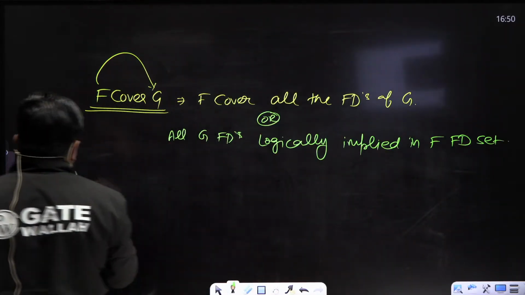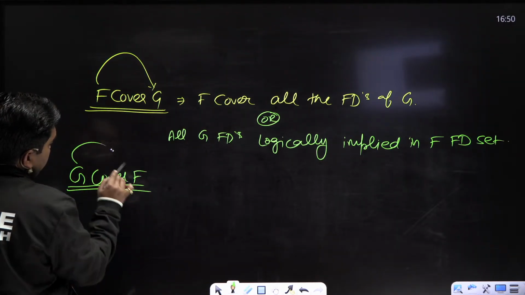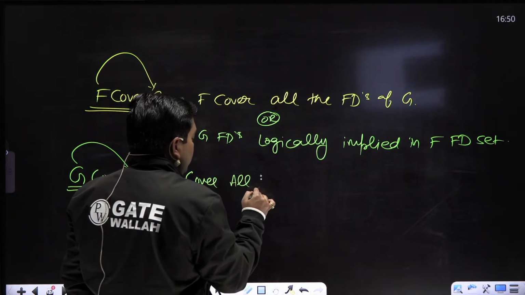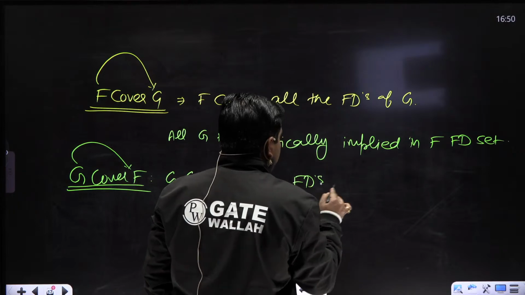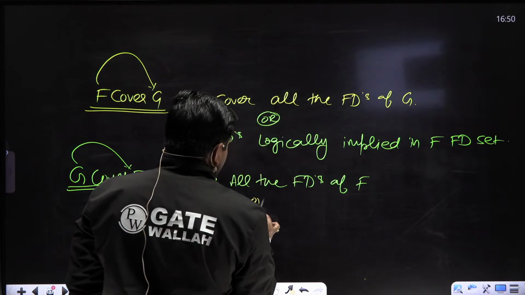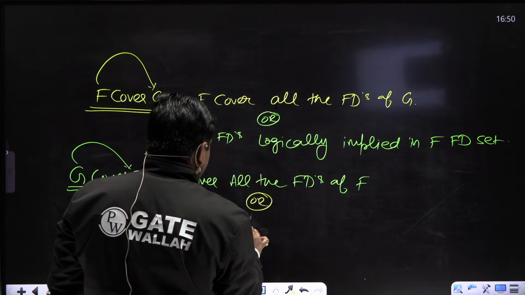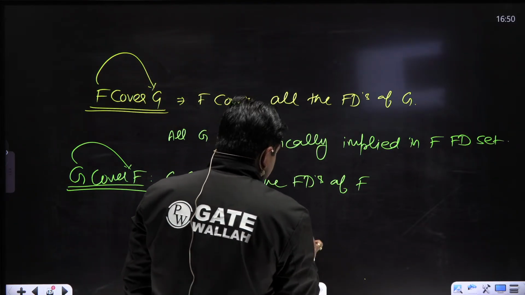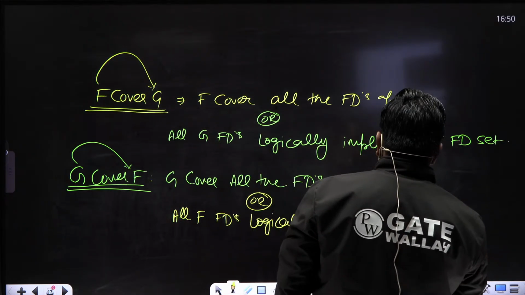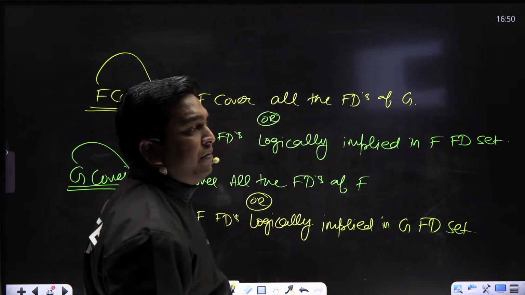This is the meaning of F covers G. And G covers F means what? Very simple definition: G covers all the FDs of F, or you can say all F FDs are logically implied in the G FD set. Clear everybody?